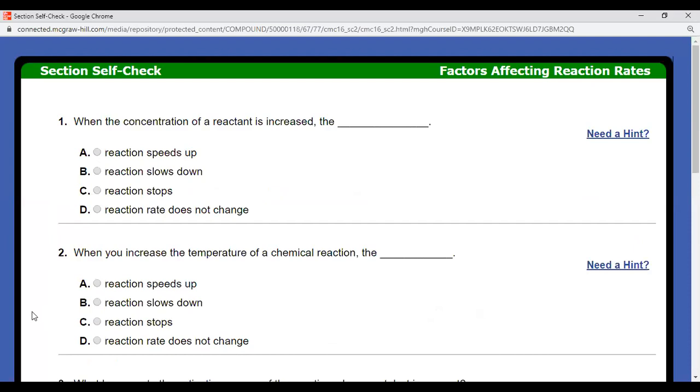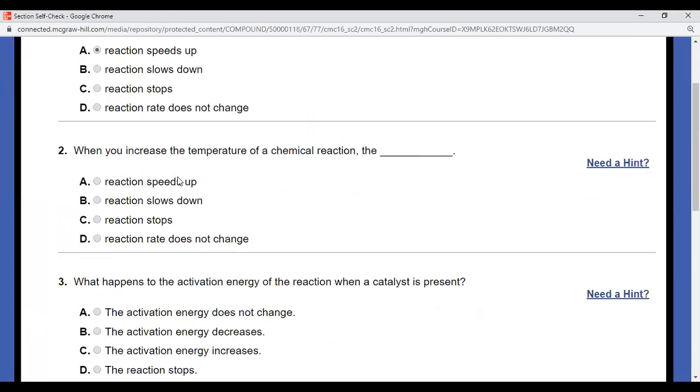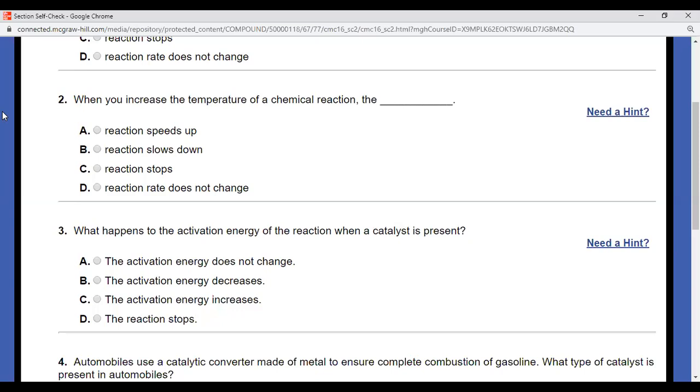When the concentration of a reactant is increased, the reaction speeds up, slows down, stops, or breaks. A. Number 2. When you increase the temperature of the chemical reaction, the reaction speeds up, slows down, stops, or does not change. A also.